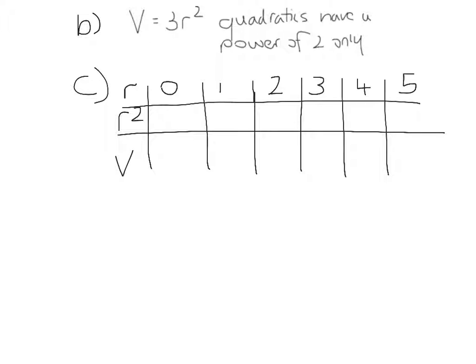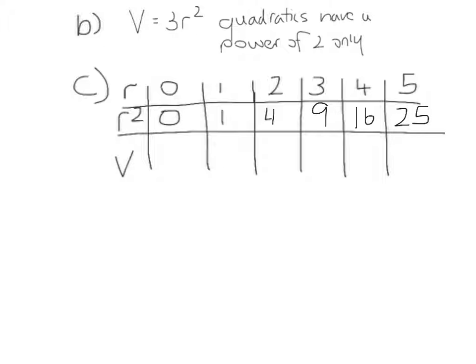In part C, we're asked to complete this table. Well, we use the formula V equals 3 times r squared to complete it. 0 squared is 0, 1 squared is 1, 2 squared is 4, 3 squared is 9, 4 squared is 16, and 5 squared is 25.